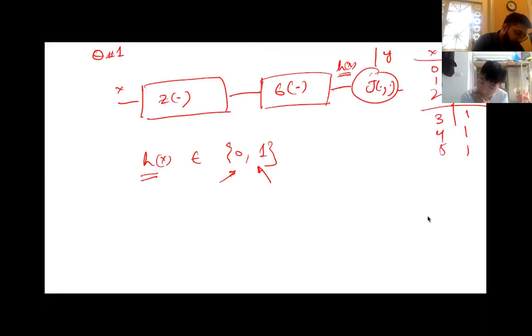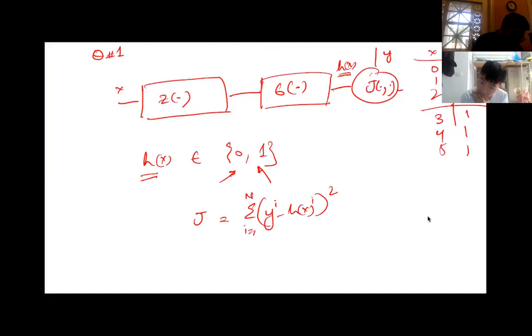If, for example, I write J, let's say I use linear least squares, the squared norm error, so I have y minus h of x, whole squared, for all points. Can I find the best value of weights?